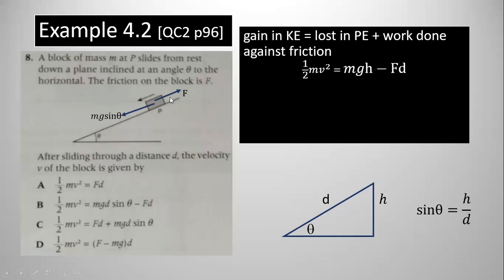Basically, the initial potential energy goes to work done against friction and also causes a gain in kinetic energy. Just simplify the steps: replace the h with d sine theta, minus FD. So your answer is B.